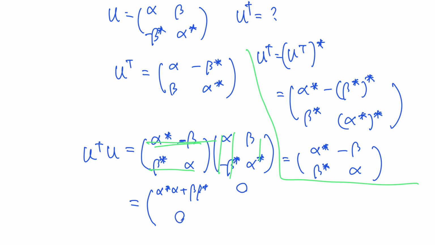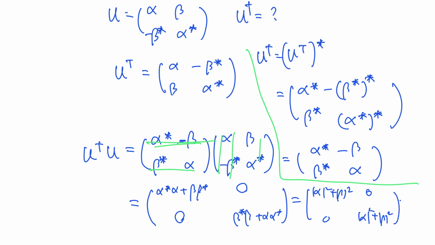Last one. This with this gives beta complex conjugate beta plus alpha complex conjugate alpha. So previously, what is alpha square plus beta square? 1, right?